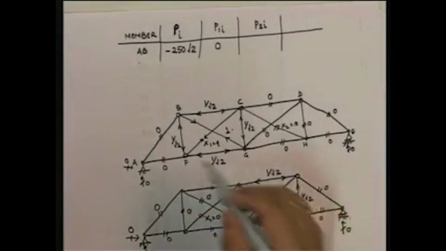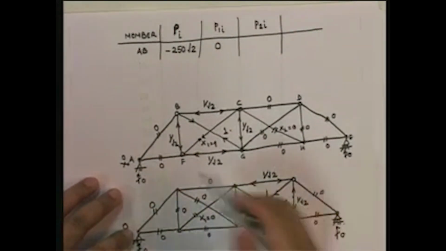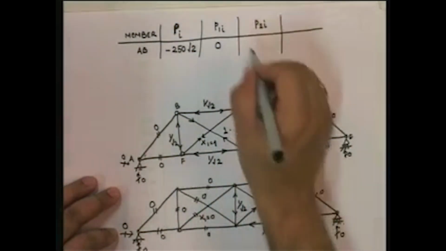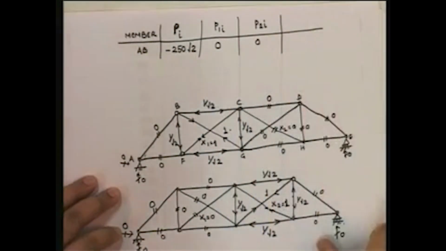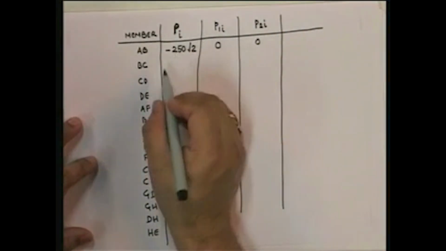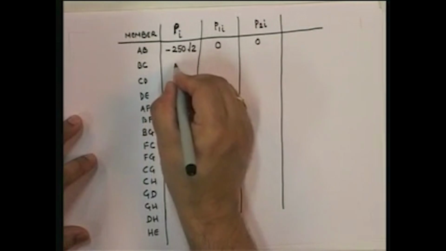Then in this column AB is 0, and in this one 0. So all I am doing here is just putting down all the values for you.